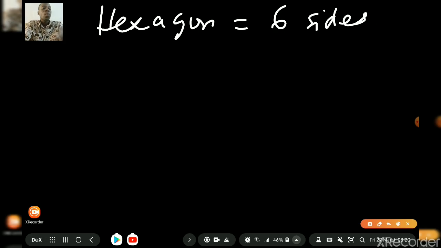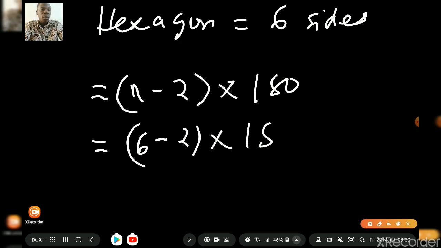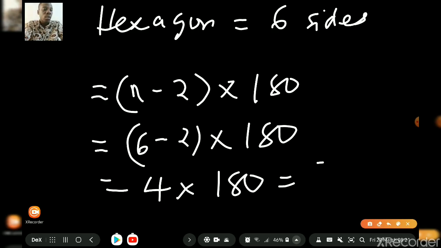So the sum of interior angles is equal to n minus 2, times 180. It's going to give us 6 minus 2 times 180, which is the same as 4 times 180, and this is going to give us 720 degrees.